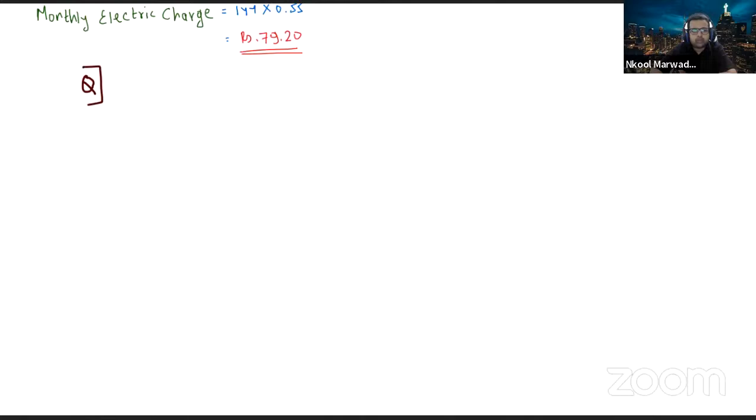So I will be drawing a circuit, and in that circuit, we have to find the value of current. Find the value of current. Let me draw the circuit to get an idea.